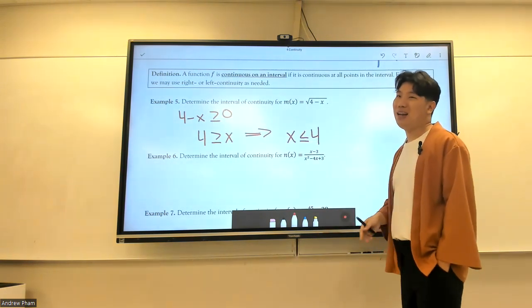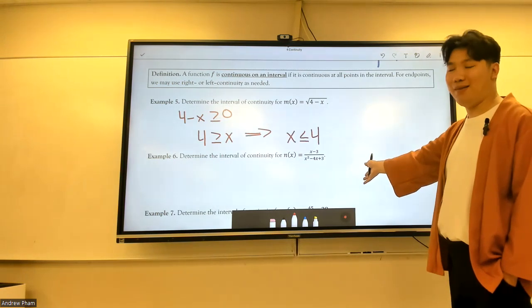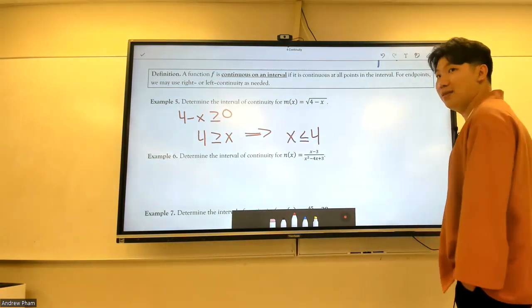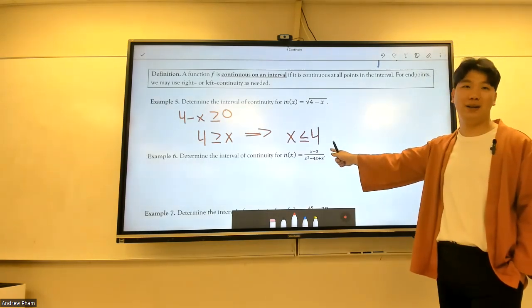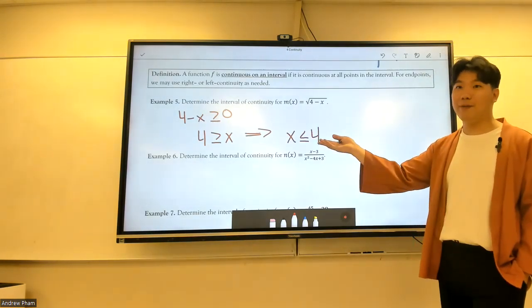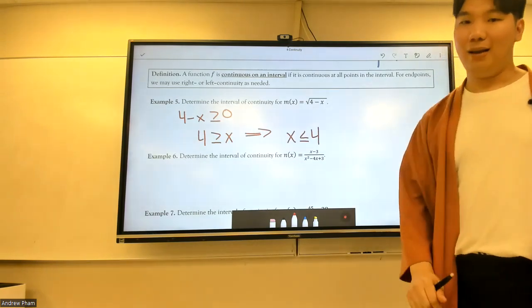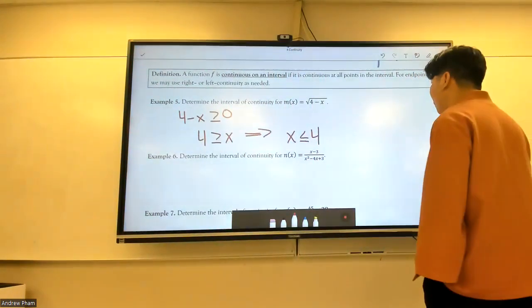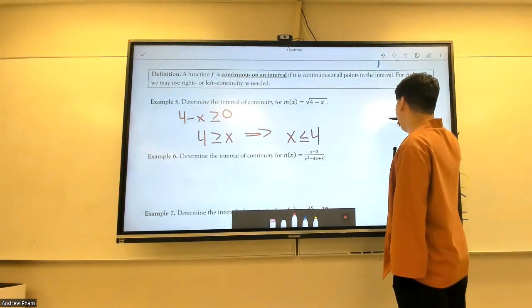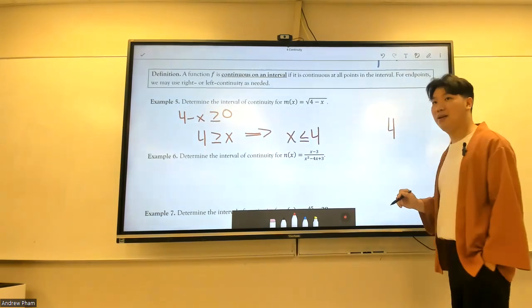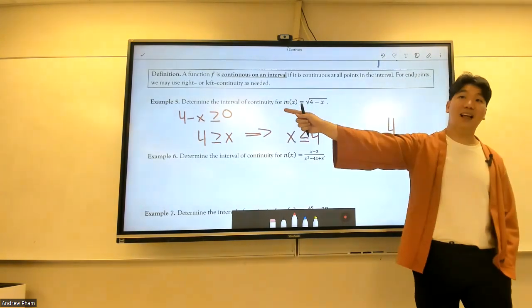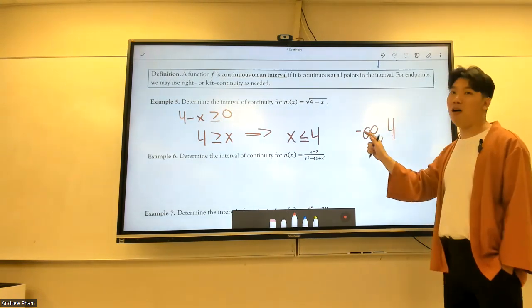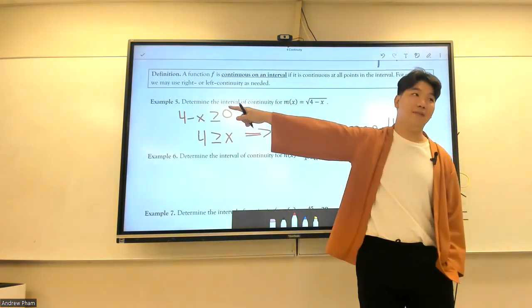If you think about it, this is 4, and are these the numbers to the left of 4 or to the right, if I want to be smaller than 4? Yeah, to the left of 4. So if I want to write this as an interval, it would be the number 4, and then every number to the left, all the way to negative infinity.